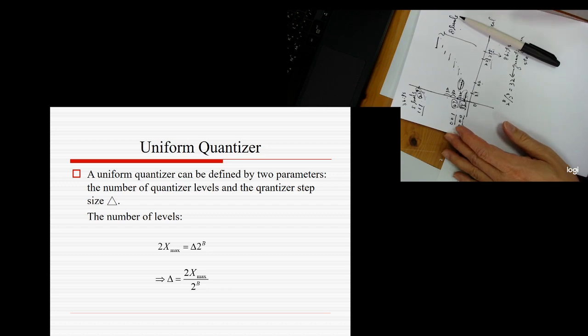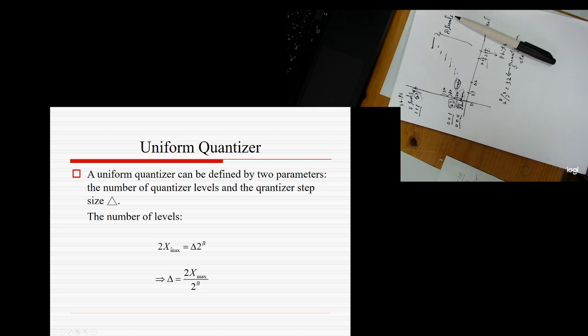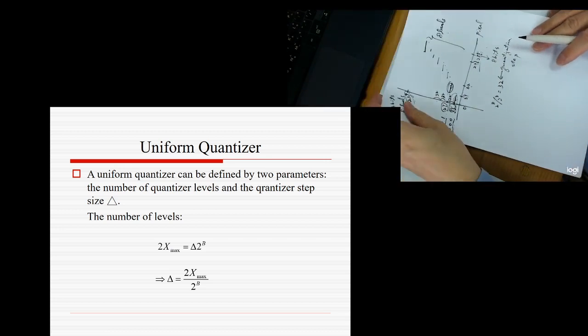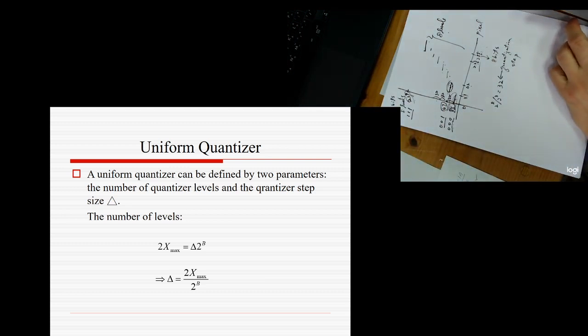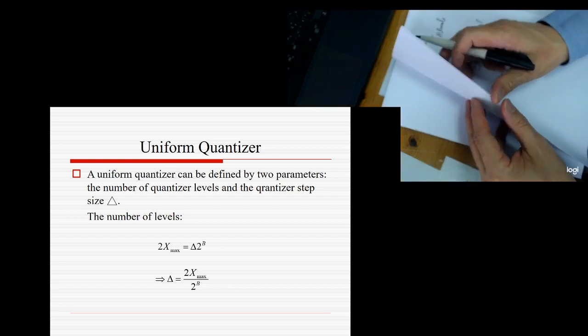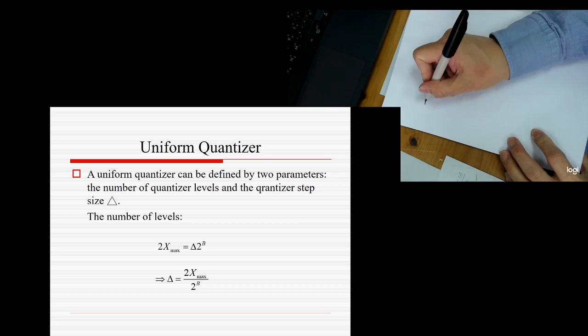Another one is the uniform quantizer. In the past we considered the dynamic range as 2 x maxima. Right now we consider how to assign the bits here. You can see our dynamic range is 2 s maxima.